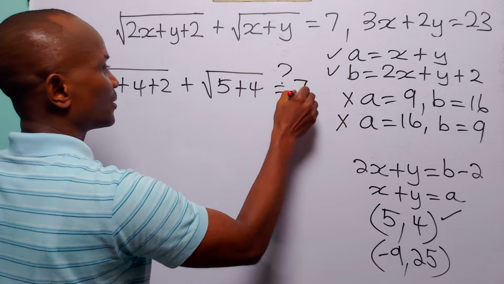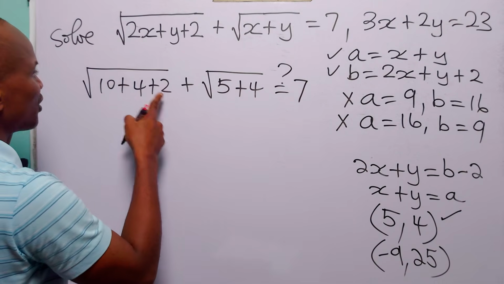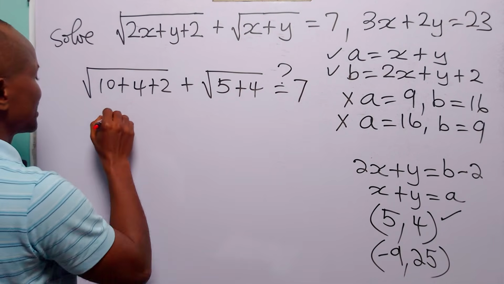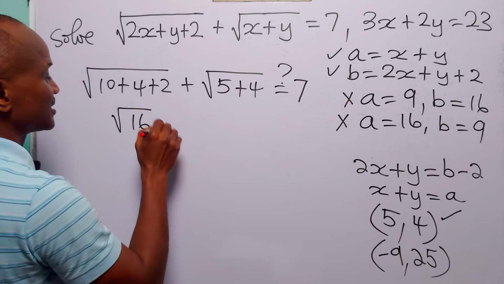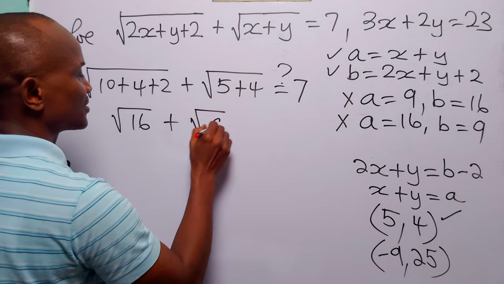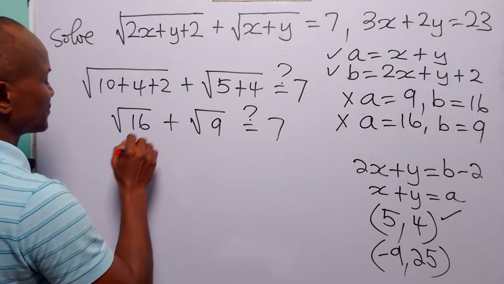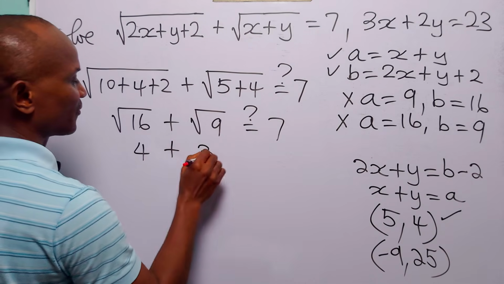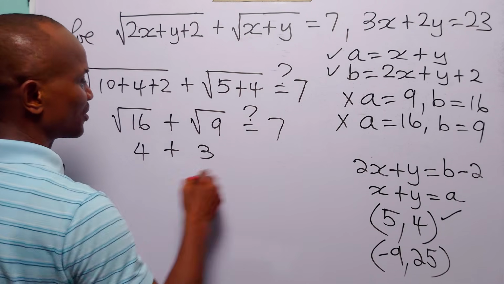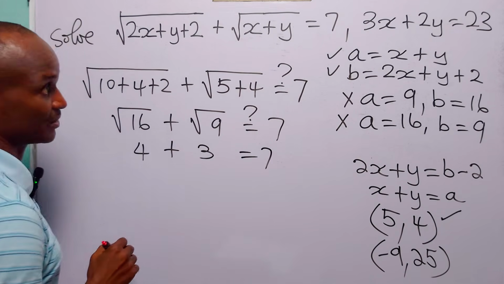Now, is this equal to 7? 10 plus 4 plus 2 is equal to 16. So here we have the square root of 16 plus the square root of 9. Is this equal to 7? Now, the square root of 16 is 4 and the square root of 9 is 3. And of course, 4 plus 3 is equal to 7.